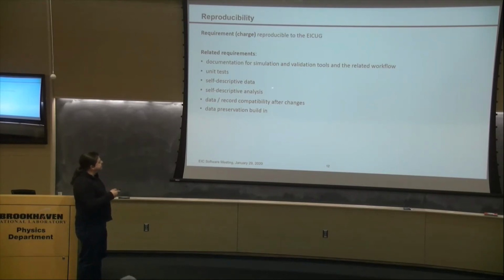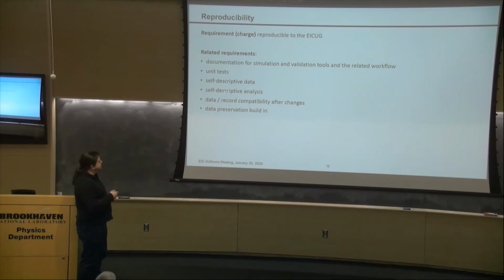And for self-descriptive analysis, this is, for instance, what we are putting forward with Jupyter notebooks, where the documentation comes with the code. You can also do this in other ways, like in ROOT macros, where you describe in detail what is actually happening, and link this also to code, something that, for instance, Dimitri has also shown, to have the links to the underlying code directly in the notebook.